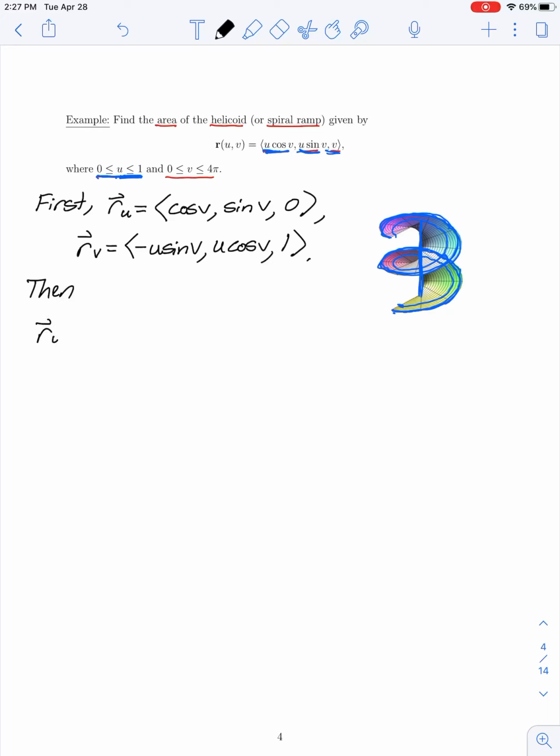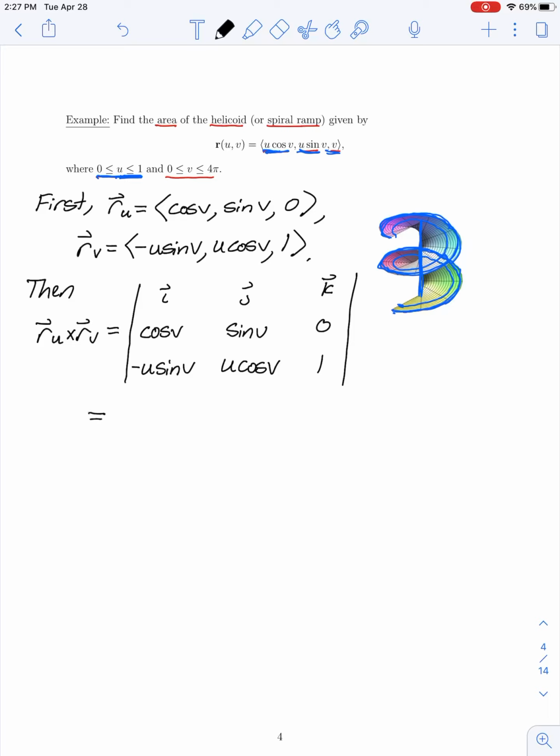So now we need to find the cross product of those two tangent vectors. So here, looking at r_u cross r_v, we're taking the determinant of a 3x3 matrix where our first row consists of the standard basis vectors i, j, k. And our second row is the partial with respect to u. So we found those components were cosine v, sine of v, and 0. And our third row was the partial with respect to v, which we found as negative u sine v, u cosine v, and 1.